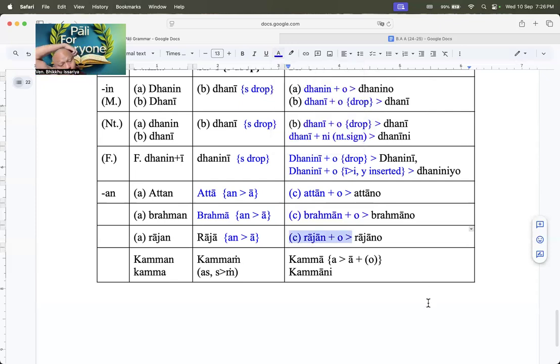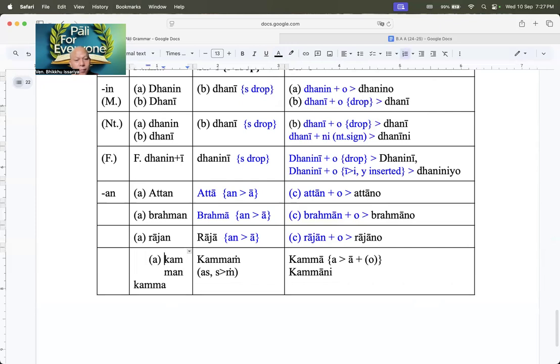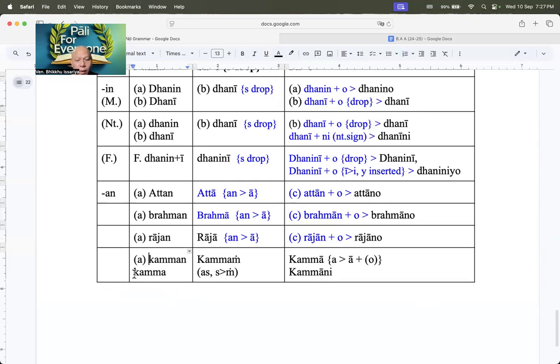Raja, no. But these are masculine gender. Gamma is neuter gender, so it has only two stems. So one is gamma is E stem, but the other gamma is B stem. Now you see the first one, gamma, that is coming from the B stem.